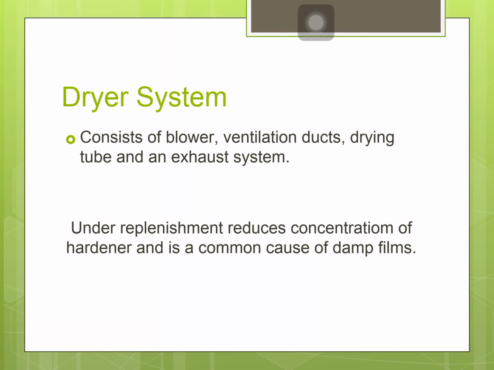It is because of under-replenishment that will reduce the concentration of the hardener. Okay? So, kaya minsan may mga inilalabas yung ating automatic processor na malagkit na film is because of an under-replenishment from our developer solution, because it will reduce the concentration of our hardener.